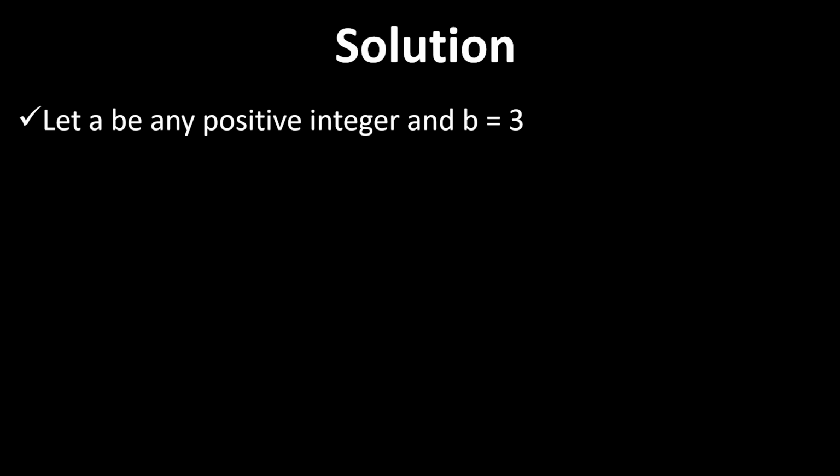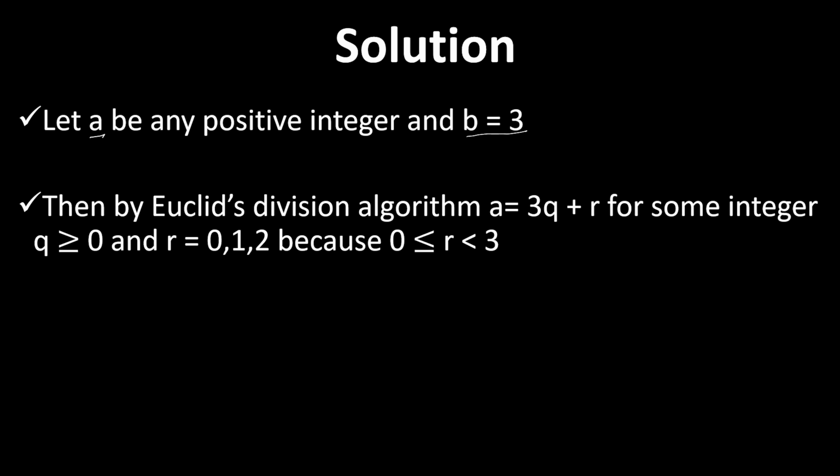Let's go through the solution now. First of all, we will consider a to be any positive integer, and for a, the divisor b is equal to 3. So by Euclid's division algorithm, a is equal to 3q plus r, where 3 is our divisor, q is the quotient, r is the remainder. And a, which we have considered as a positive integer, is our dividend.